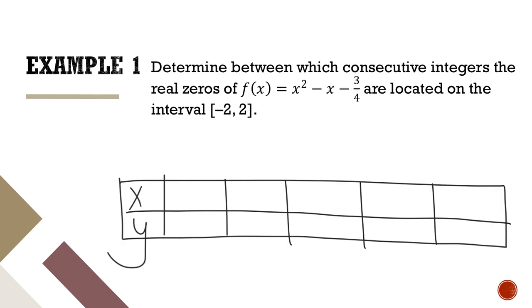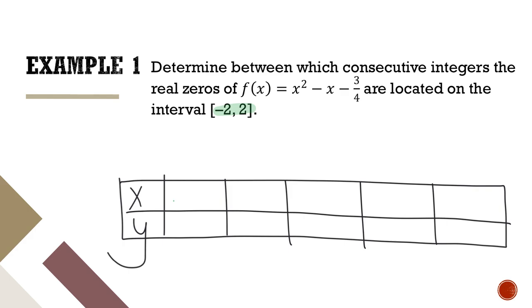So our first example is we're going to make an XY table just like the section part A before, but we don't really have to write in the actual Y values. We only care about the sign of them. So we're given the function f of x is x squared minus x minus 3/4, and we want to figure out where those zeros are going to be located on the interval from -2 to 2.